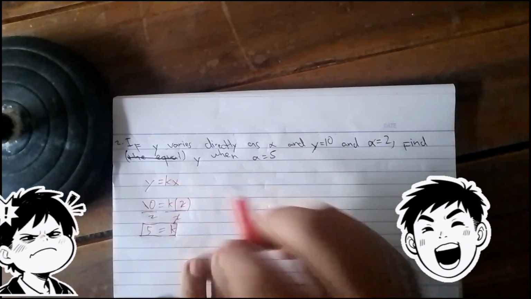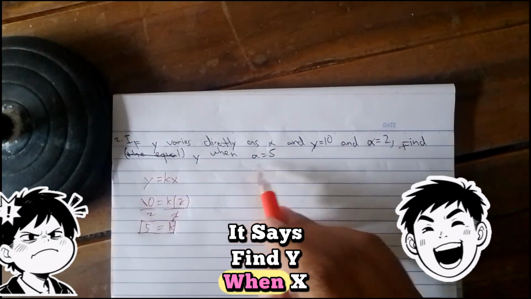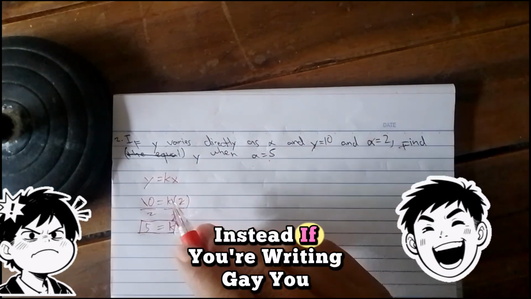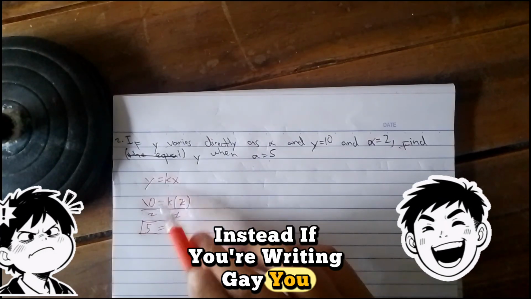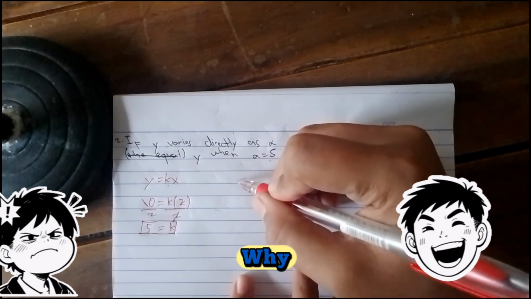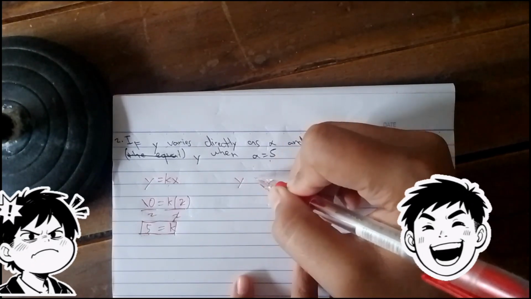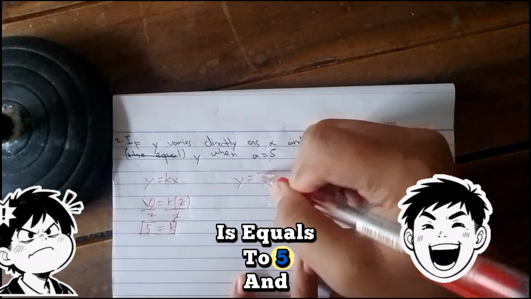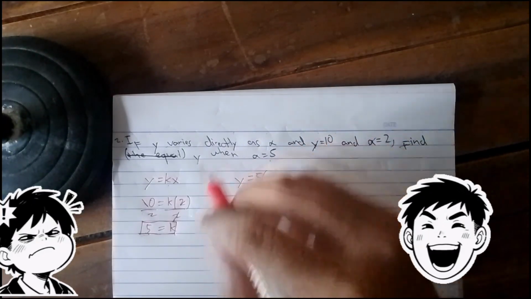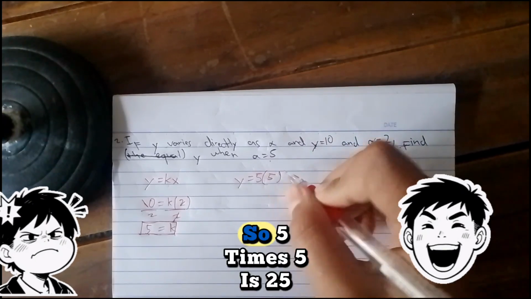Now it says find y when x is equal to 5. So instead of writing k, we will write 5. So y is equal to 5, and the x will become 5.